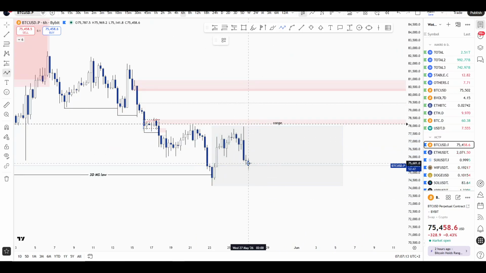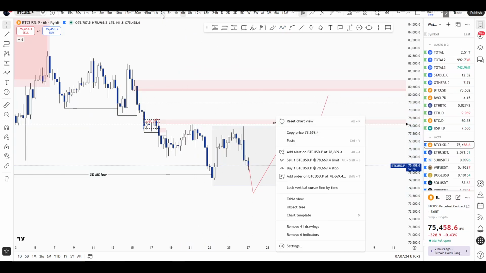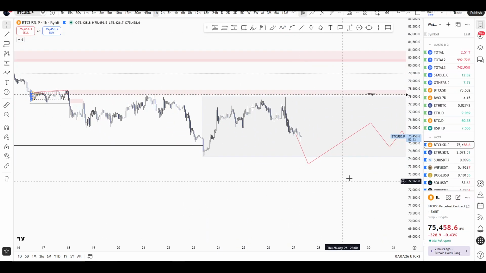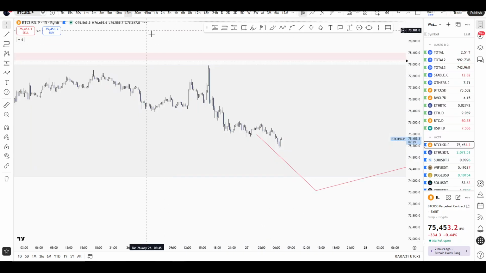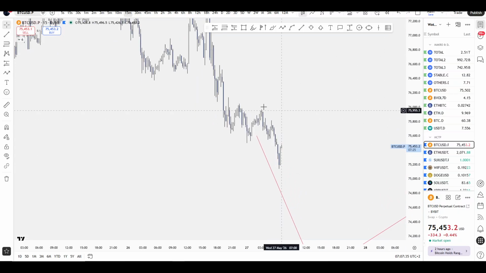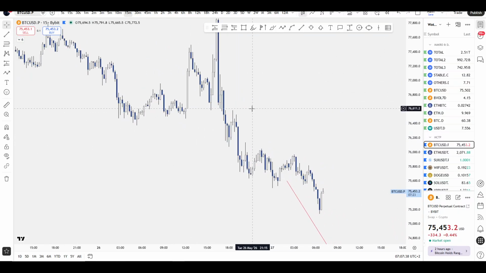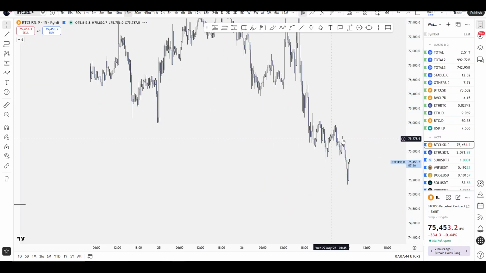So basically, if we come down, SFP again, come up again, mitigate created supply, come down, this can actually be a pivot. So you already can see the move. Obviously here was very sharp, but there's no supply here. So here's no supply, here is no supply. You can't really draw supply.